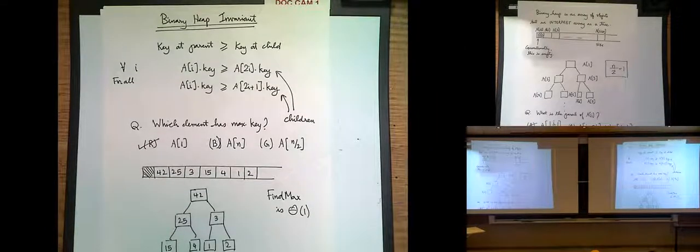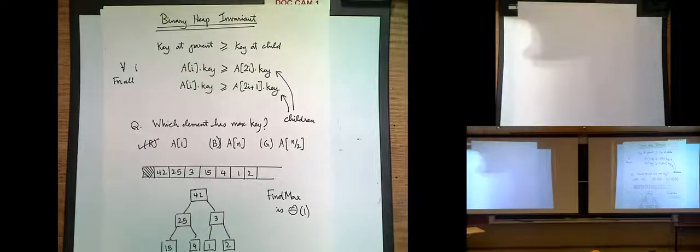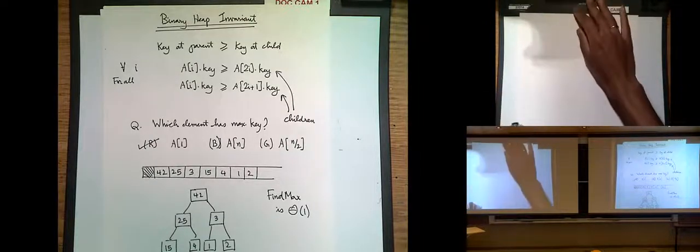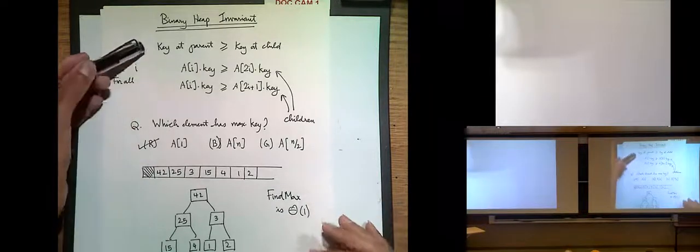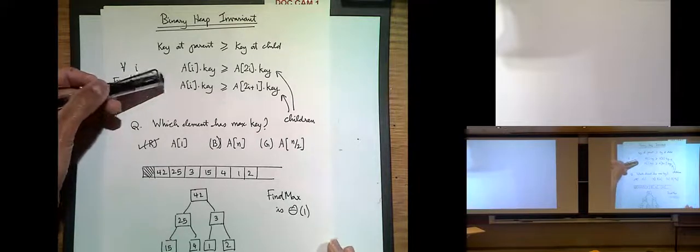Okay, good. So the way that a lot of these more complex data structures work is you define an invariant. Using that invariant, find max becomes easy. But now insert and extract max will become harder.